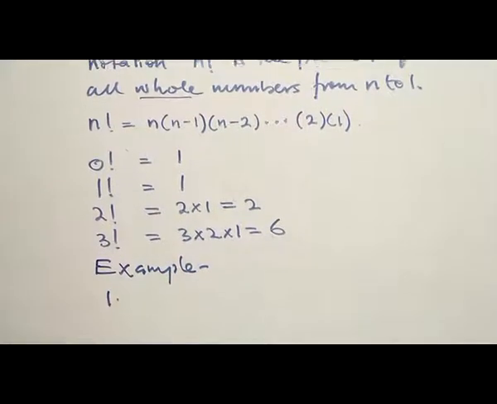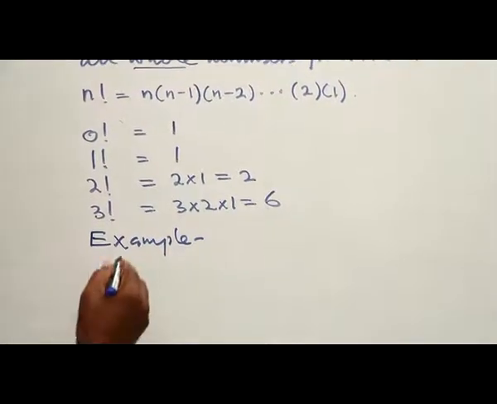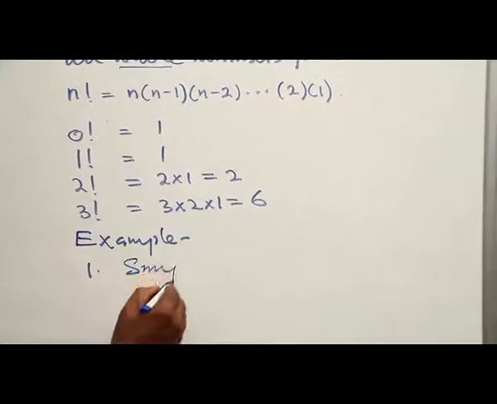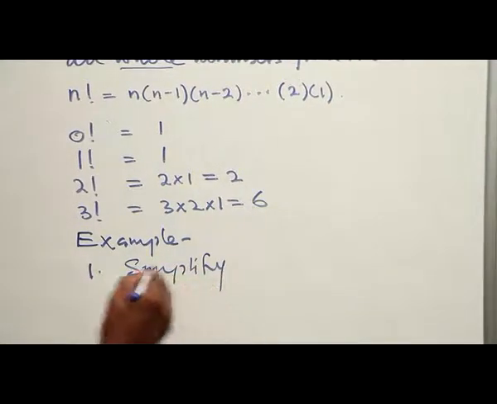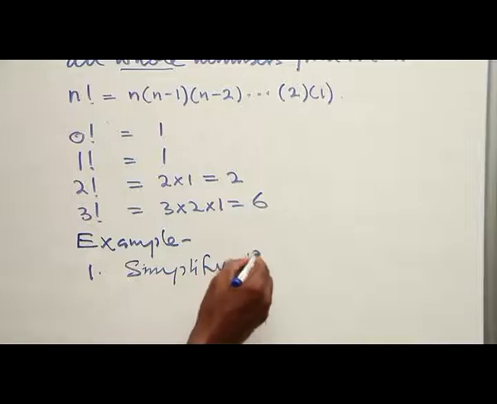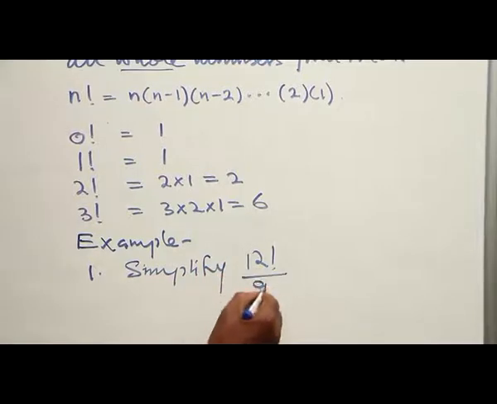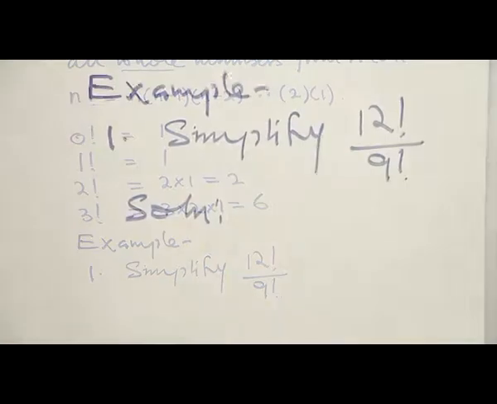Number 1. You have to simplify 12 factorial all over 9 factorial.